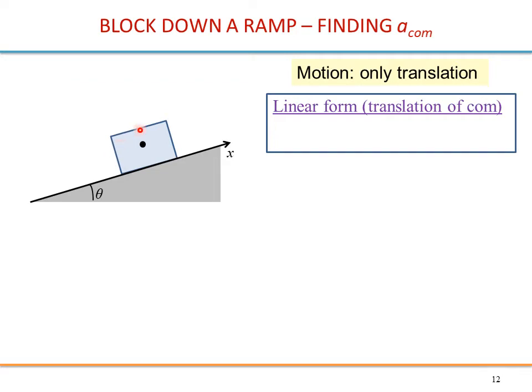So this is our block, the center of mass is here, we have a nice incline, and we decide to have an axis x designed like this. So this is only translation. The acceleration comes from Newton's second law, so let's write it. We need to know the forces on the block.